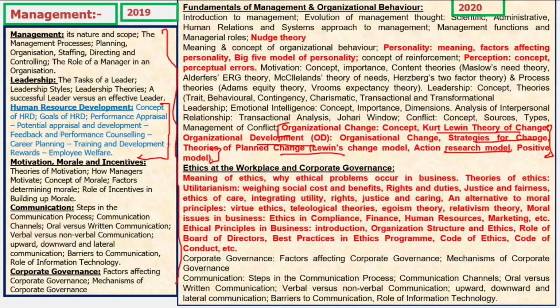Now, some people are asking, sir, therefore, can we eliminate the whole HRD part? We would not revise the HRD part. We will not do the HRD part. Well, you can and you cannot. Why? Because a lot of theories of HRD are common with motivation theories. You know that. As a matter of fact, the theories of HRD that we learn are progressed further and applied to motivation later on.